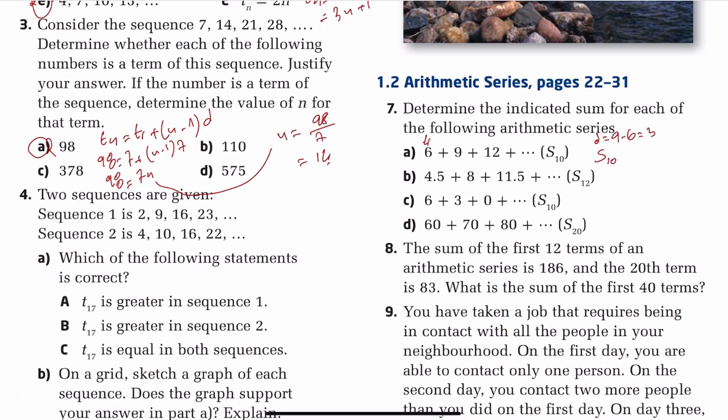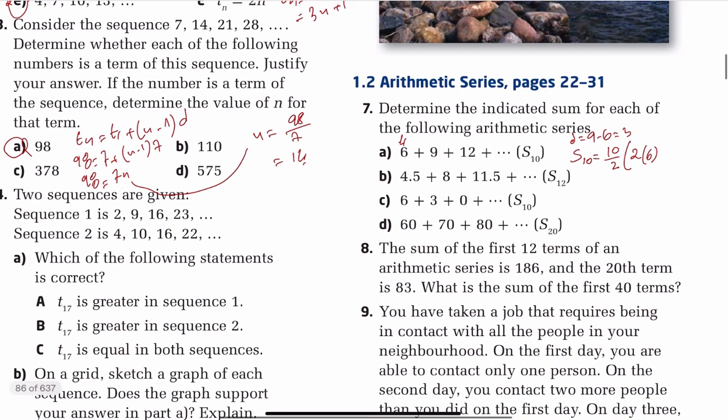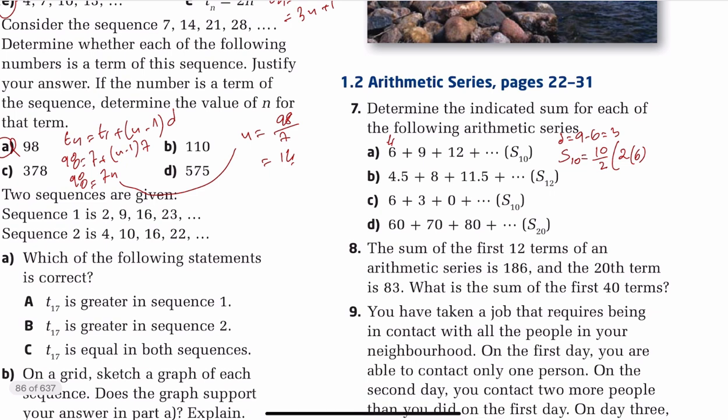So S10 is equal to n, which is 10, divided by 2 times 2t1, which is 6, plus n minus 1, which is 9, times d, which is 3.